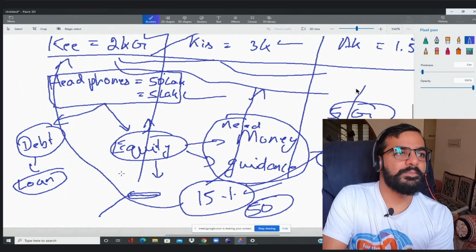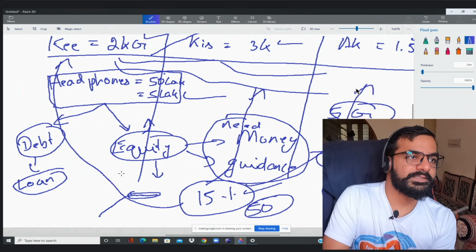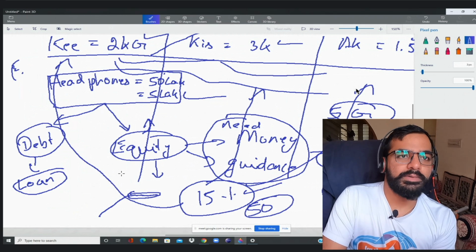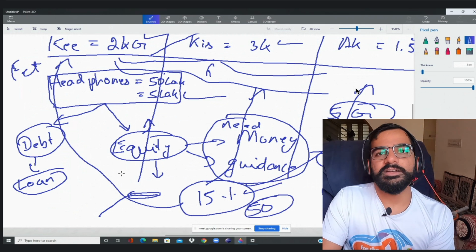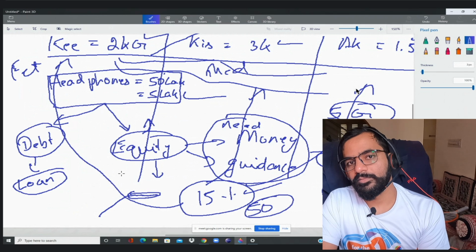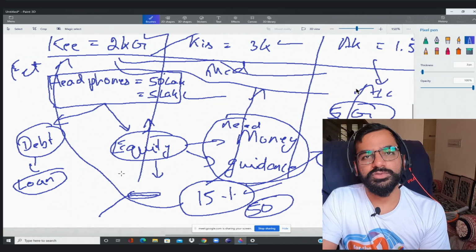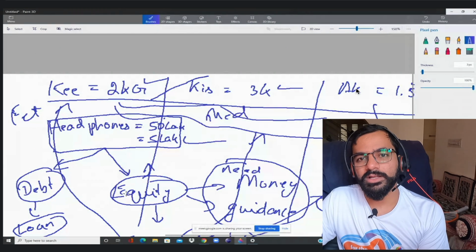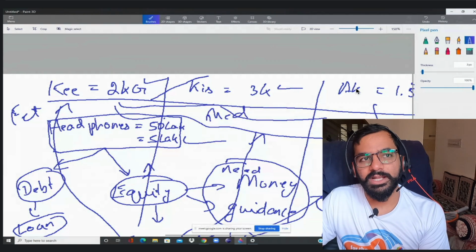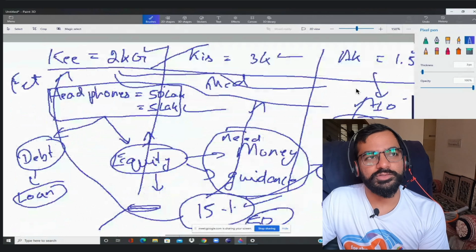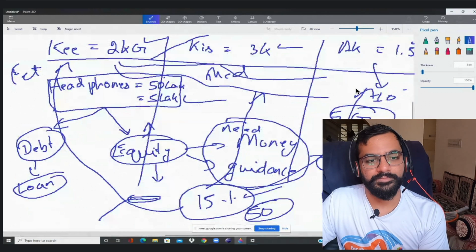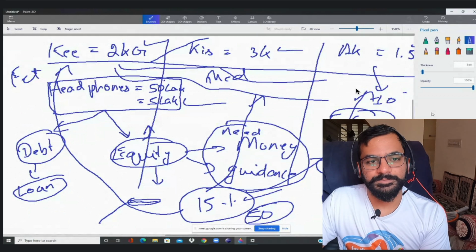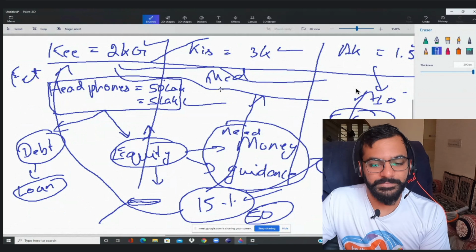Earlier Kirtana was in the fertilizer sector, Kishore was in the medical sector, Akshay was in IoT. They made fortunes in different technologies, but not in this field. So they say this field is also interesting, I can make money here. Are you understanding what is happening here? Any doubts?